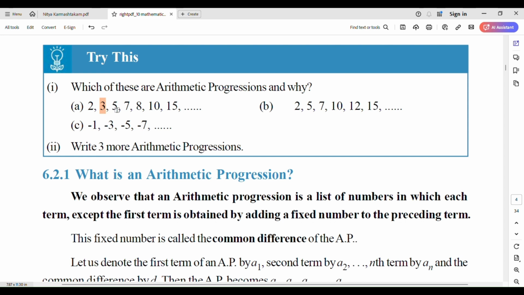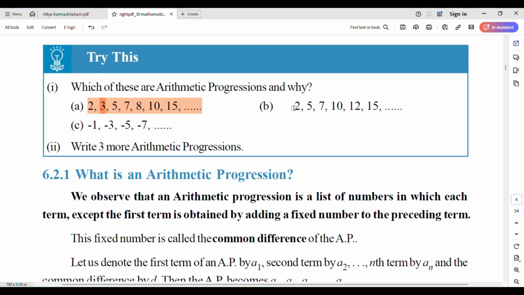Which means the common difference, or the fixed number, is not the same here. So this is not an arithmetic progression. This cannot be an arithmetic progression because you have different differences between the terms. Here it is 1, here it is 2, 2, then again 1, 2, 5. So this cannot be an arithmetic progression.